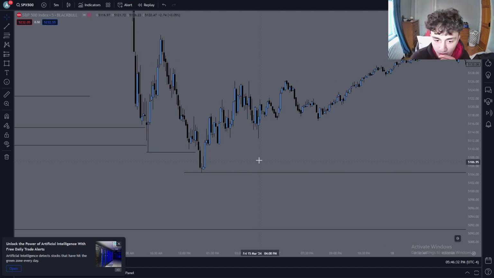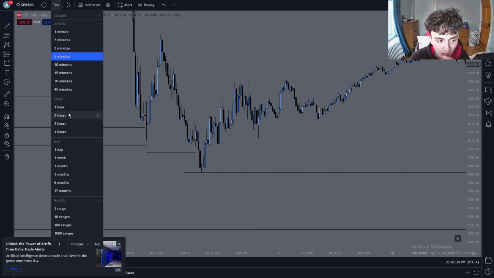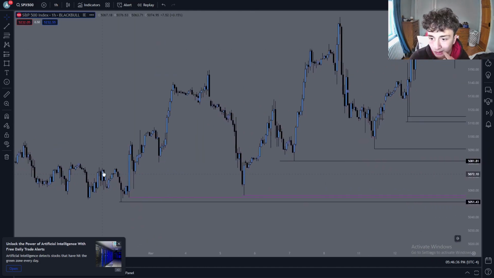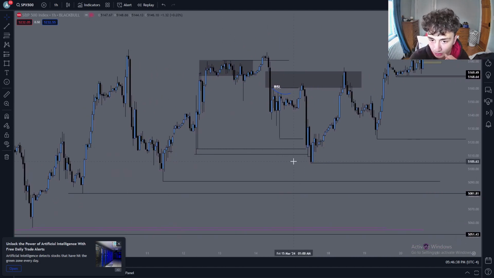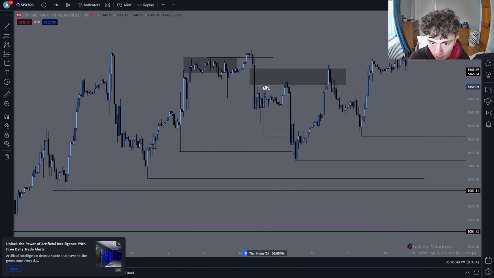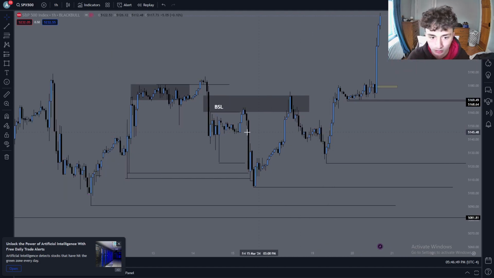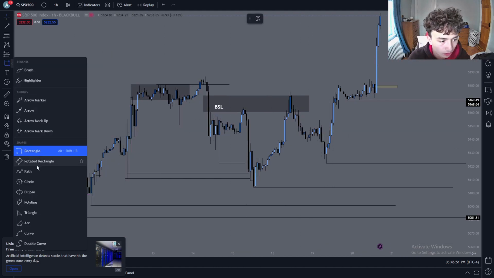Now, the only setups I don't take is when there's equal lows. I don't like that because I've noticed on my part that occasionally they come back for it, and I don't like taking that risk of getting stopped out. Let me just fix this.